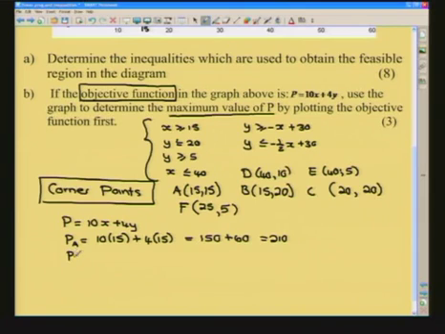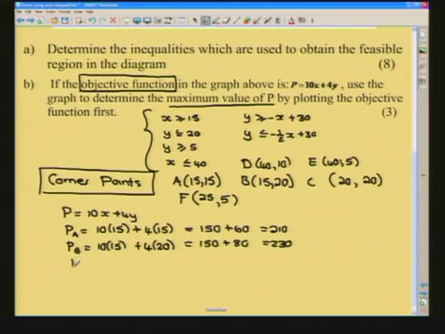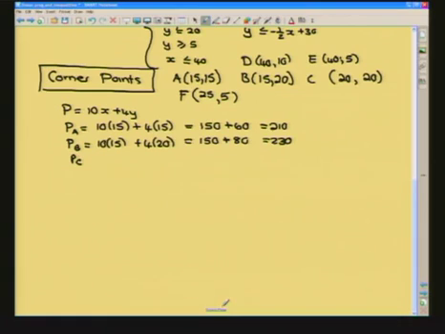Right, let's see the P at B. We're going to say it's 10 times 15 plus 4 times 20, which is going to be 150 plus 80, which is 230. All right, the P at C.